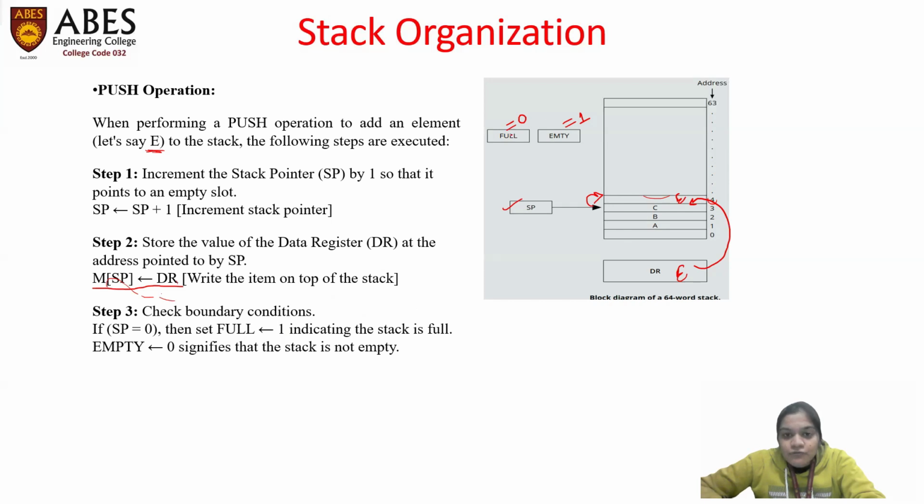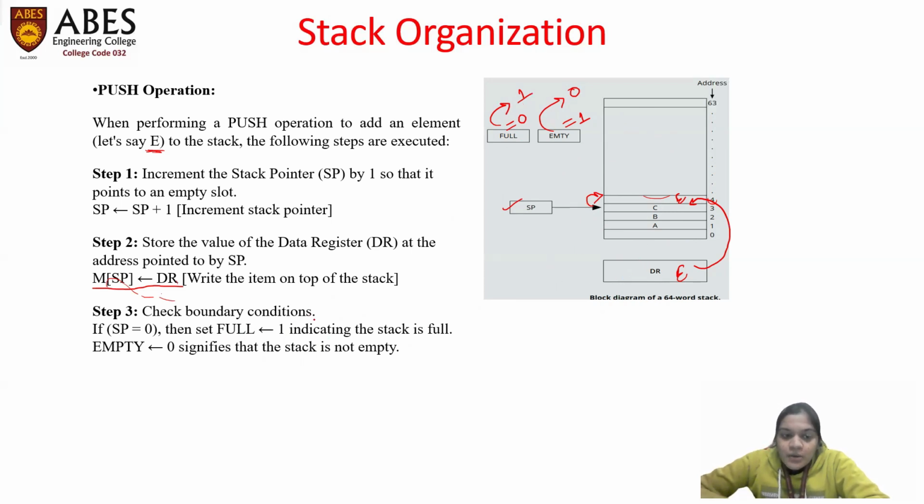At that time, the full register will show the value 1, indicating that the stack is full. The empty value will show 0 to denote that the stack is not empty for the new insertion of data. So these are the boundary conditions.